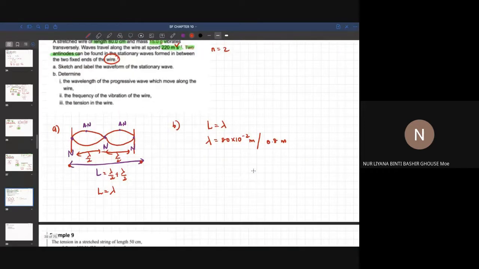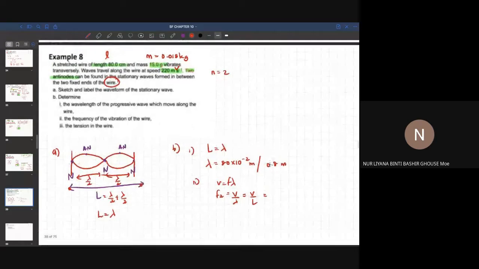Next, for the frequency, we use the formula V equals F lambda. Now we want to find the frequency. When we rearrange it, we get F equals V over lambda, and here our lambda is actually L, our length. V we know, and lambda or length we also know.